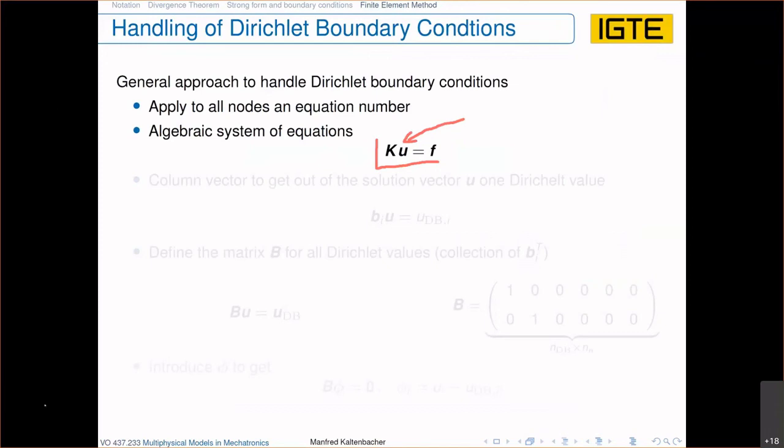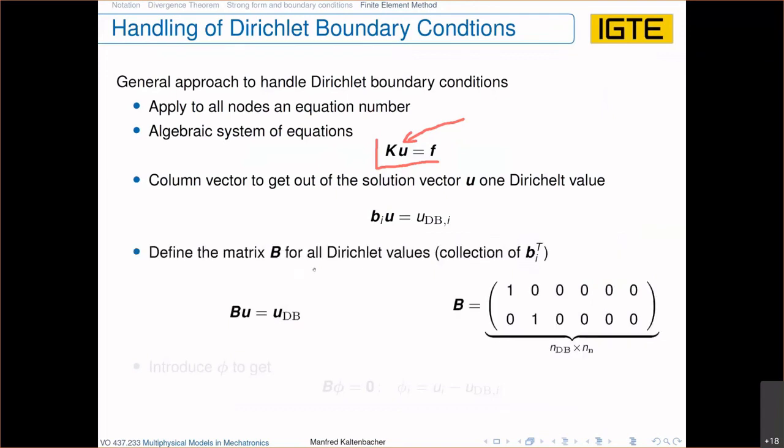We first introduce a so-called column vector b_i, with which we compute, from the vector of all the unknowns, also including the Dirichlet boundary conditions, the specific Dirichlet boundary value. If we collect all these column vectors, we get a matrix.